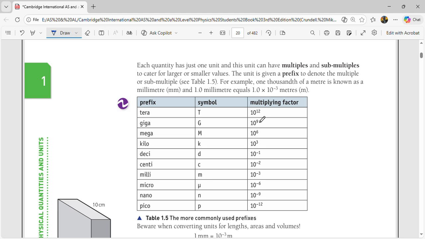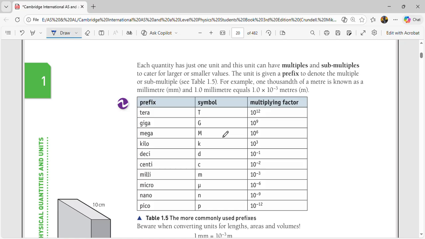Giga, capital G with exponent 9; mega, exponent 6, million; kilo is 1000; deci is 1/10th; centi is 100th of a unit; milli is 1/1000th of a meter; micro is 1 millionth of a unit.